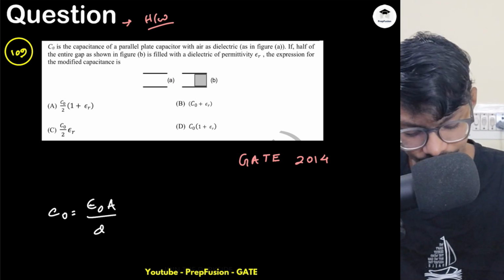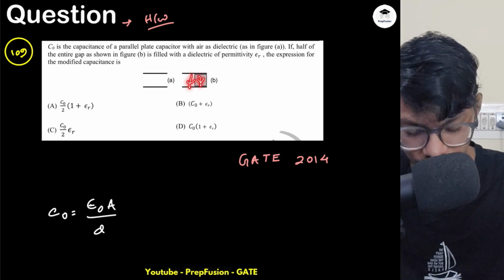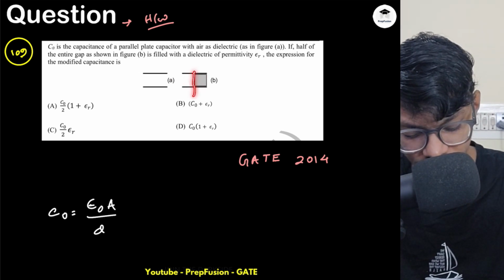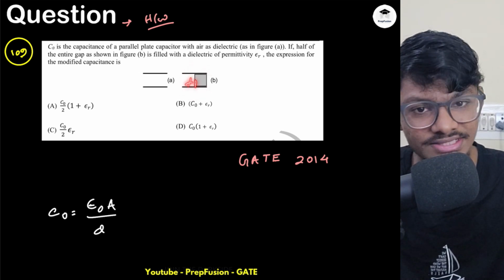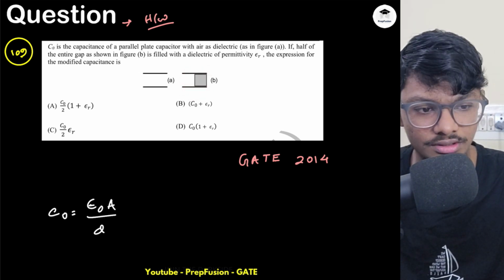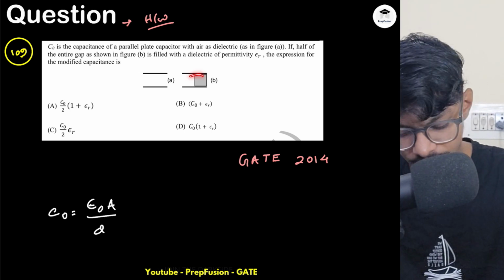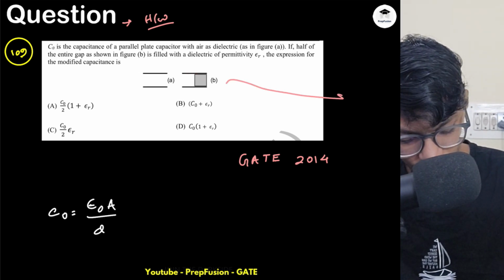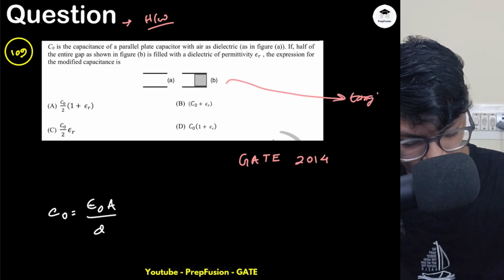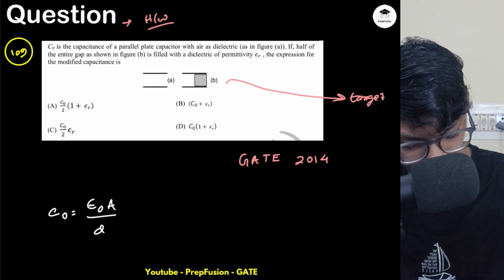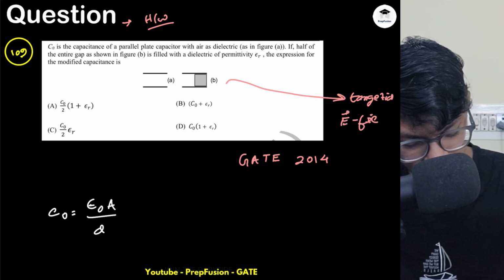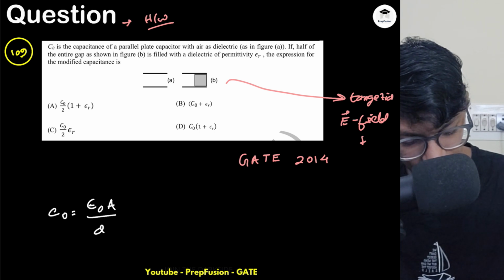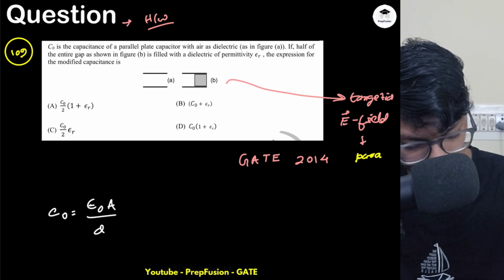If I observe here, the electric field will flow from top to bottom or bottom to top. So I can observe on the interface, it is tangential to the interfacing region. As it is tangential, what can I comment? Electric field is tangential, hence obviously the capacitors are in parallel.